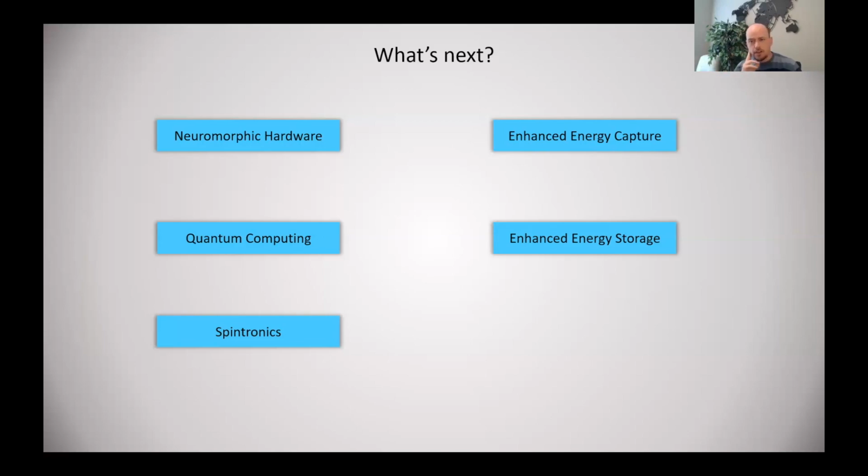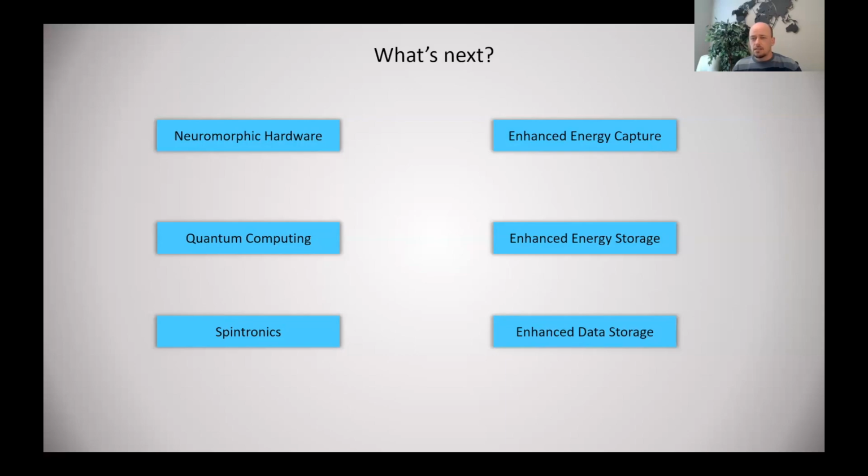And of course, we have very good energy storage these days in terms of lithium-ion batteries, but we should always be looking for the next best thing. Is there something that can store energy at a higher density, maybe is more environmentally friendly than lithium-ion batteries? There's certainly room for advances there.